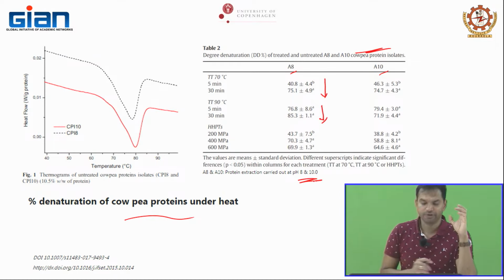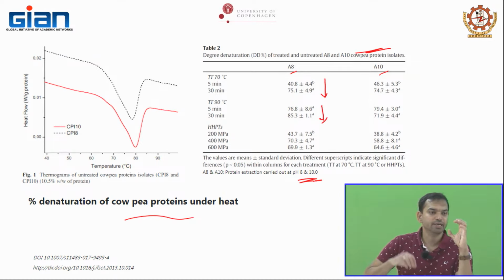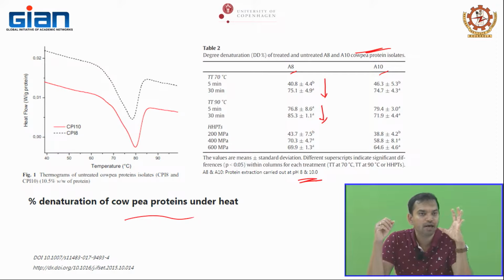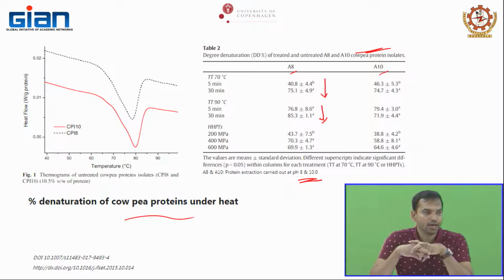Yes, these are two different pHs. So now you can clearly see that by heating you can partially unfold the protein. When you partially or fully unfold the protein, it will allow for more chemical reactions. So heat is one of the methods to modify proteins. Easy, simple, just a water bath or an oven is needed, and it is also very scalable. Okay.